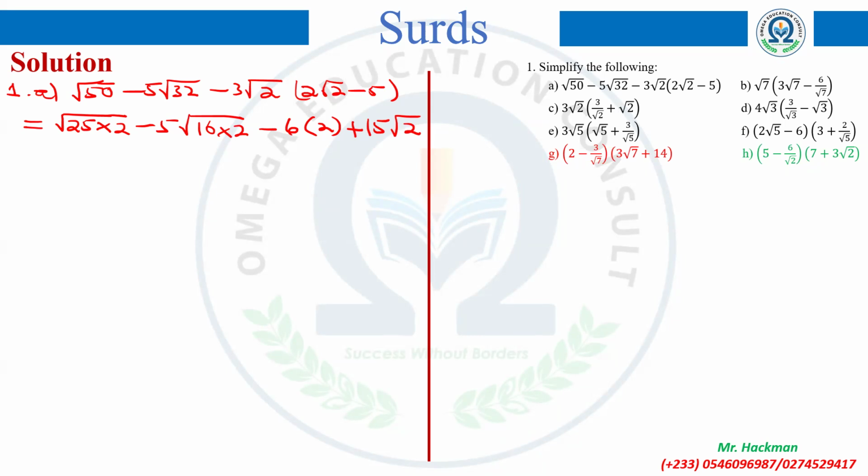Please come again from how you got the 6 times 2. Assuming I've given you 3 root 2 times 2 root 2, how would you expand this?